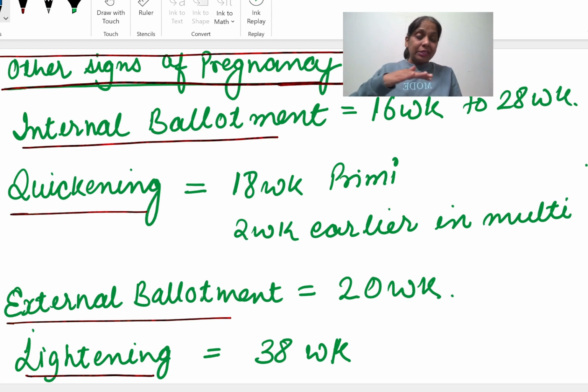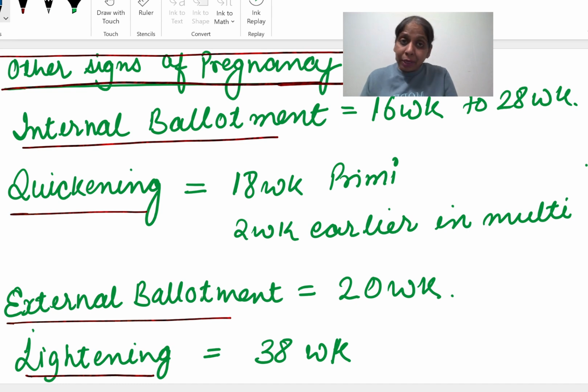There is some empty space below the xiphisternum, so that is known as lightening, and that is after engagement. Engagement of the fetal head occurs around 37 weeks, so lightening is felt at 38 weeks. I hope everything is clear to you.